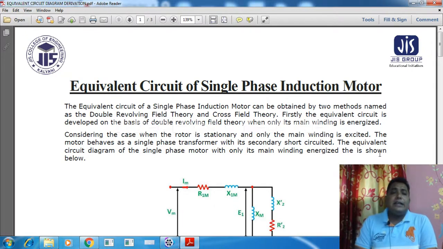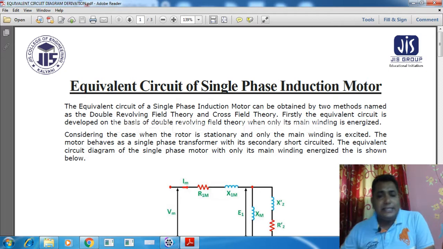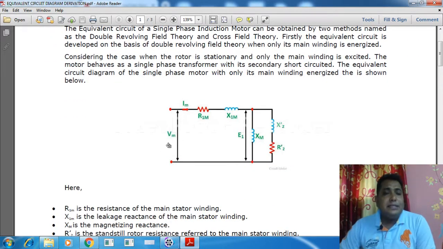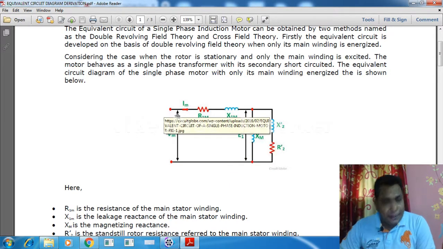The equivalent circuit diagram of the single phase motor with only its main winding excited is shown below. As we can see, follow my pointer, Vm is the supply voltage, and due to that current is flowing, that is Im.